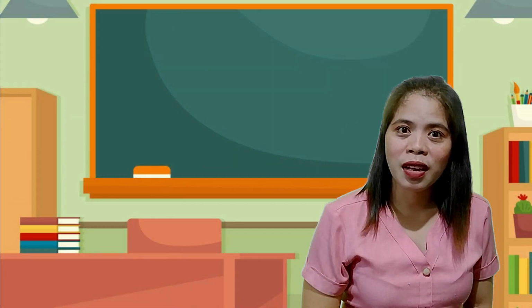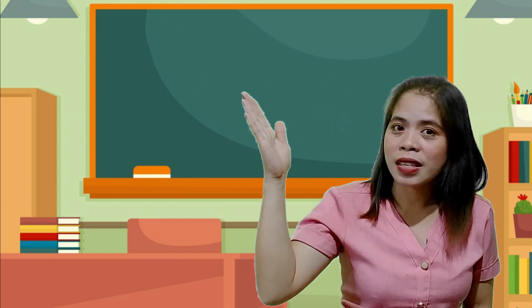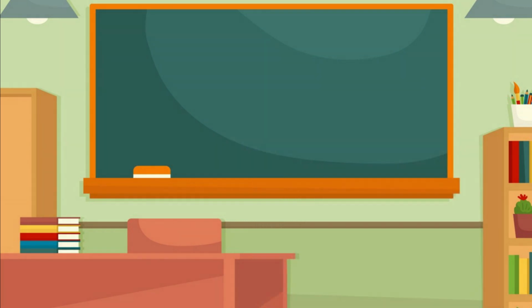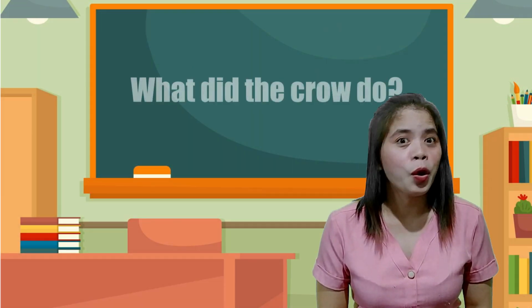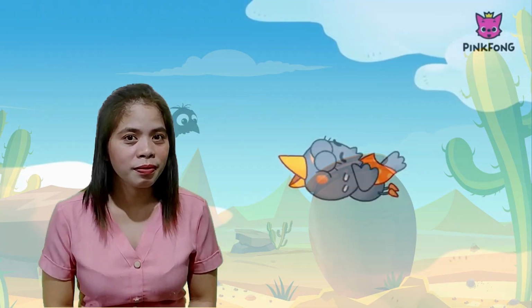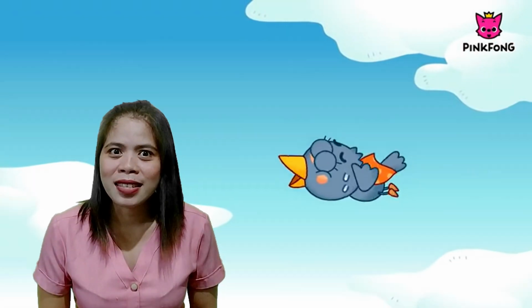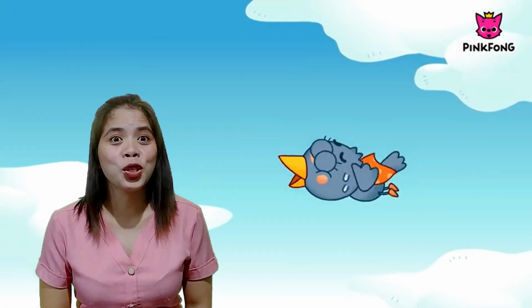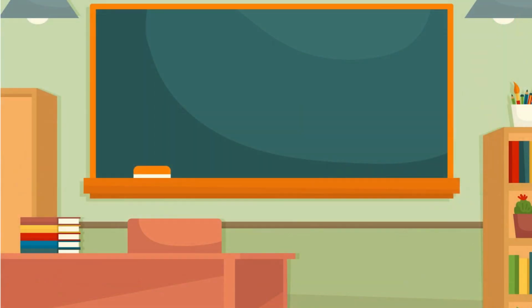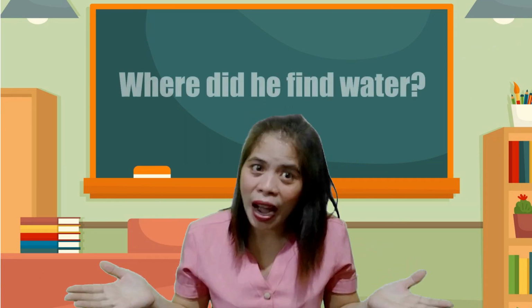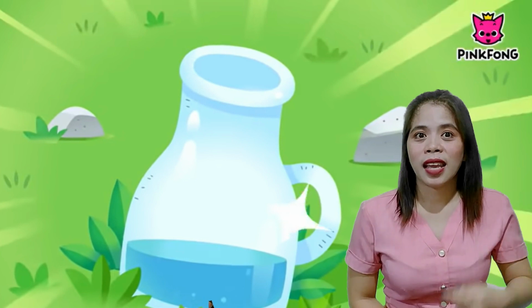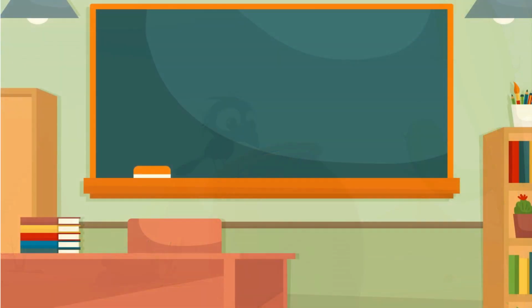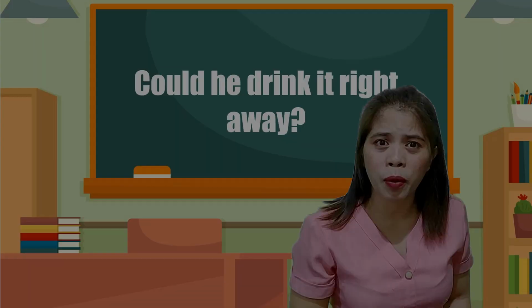Let us try to retell the story using these guide questions. At the beginning of the story, what did the crow do? Yes, he looked for water to drink. Where did he find water? You're right. He found water in the pitcher. Could he drink right away?